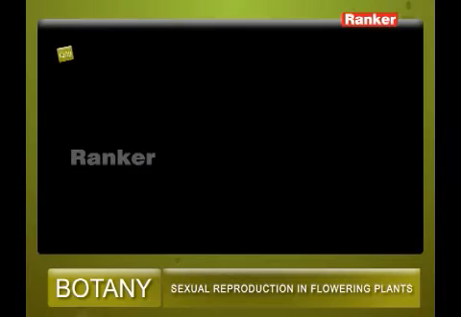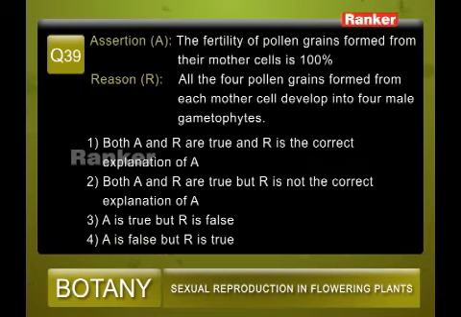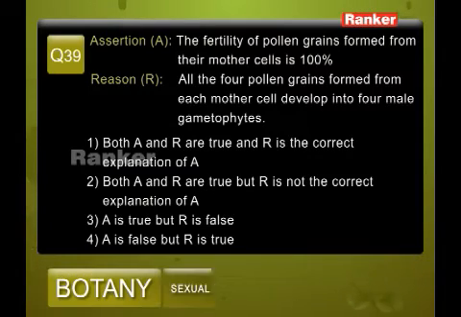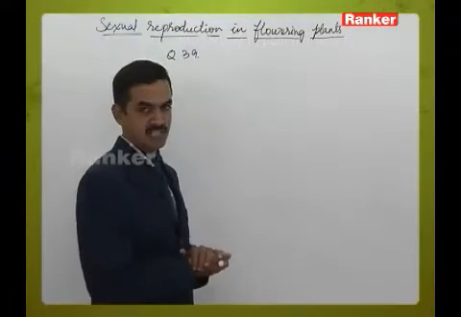Question number 39. Assertion: the fertility of pollen grains formed from their mother cell is 100%. Reason: all the 4 pollen grains formed from each mother cell develop into 4 male gametophytes. Let's come to the assertion statement.